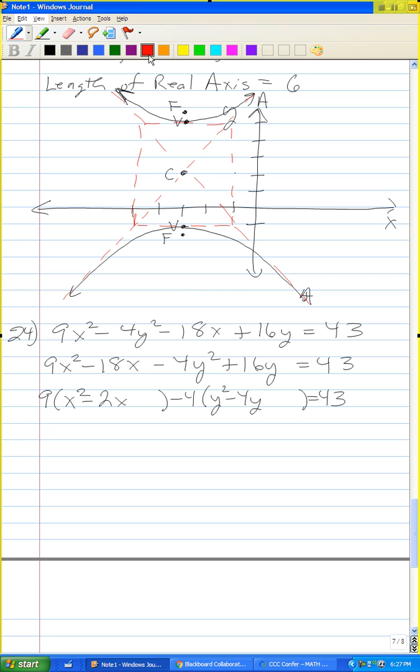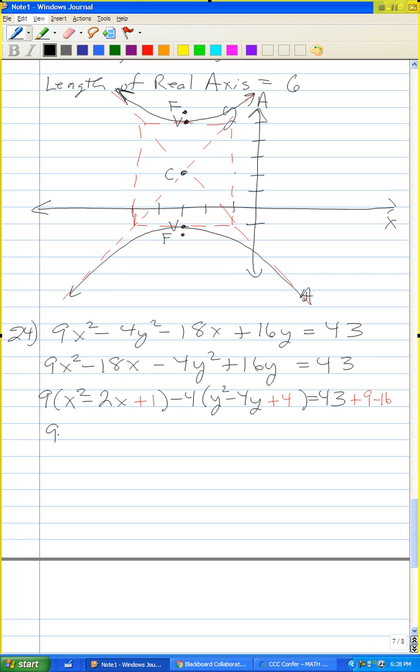And so now let me complete the square. Since there's a 1 in front of the x squared, negative 2 divided by 2 is negative 1, squared is 1, times 9 is 9. Since there's a 1 in front of the y squared, negative 4 divided by 2 is negative 2, squared is 4, times negative 4 is negative 16.